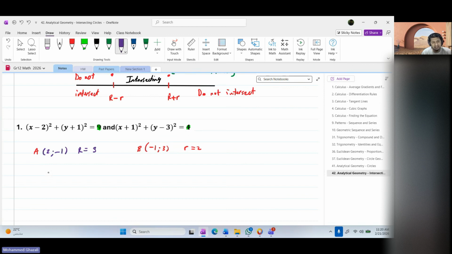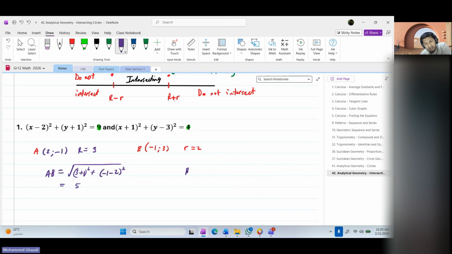So we need to find the distance AB. Distance AB will be the square root of y2 minus y1, which is 3 minus -1, and x2 minus x1, -1 minus 2, which is equal to 5.